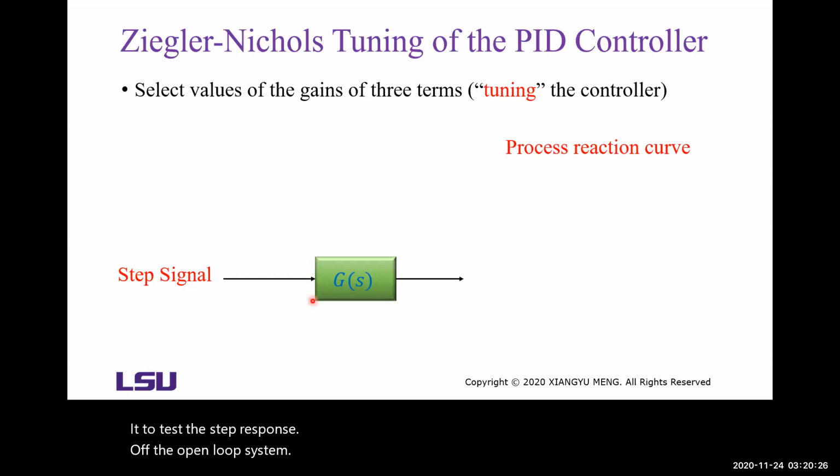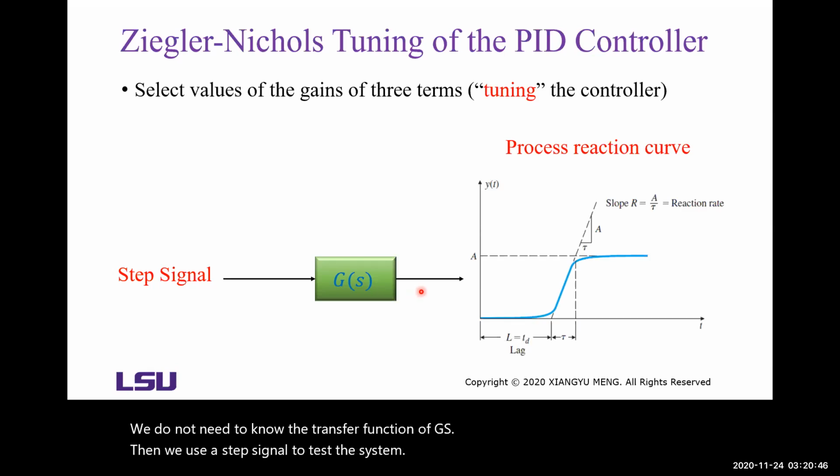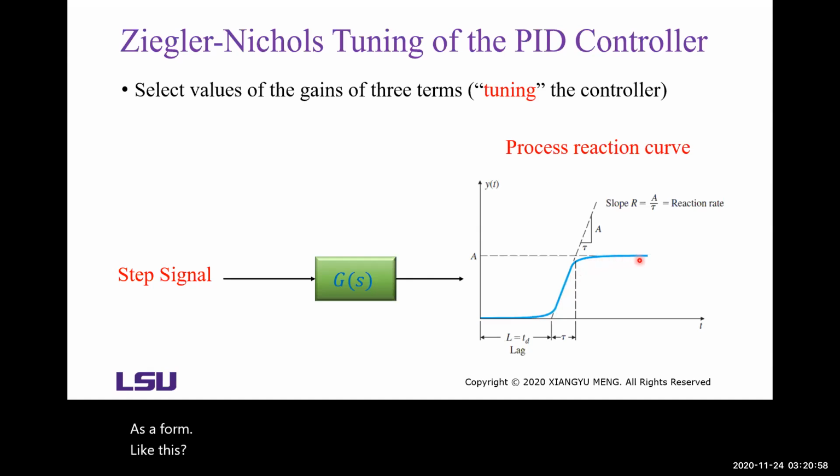So let's assume we have a system. We do not need to know the transfer function G(s). Then we use a step signal to test the system. If the step response of the open loop system has a form like this, this is the process reaction curve.